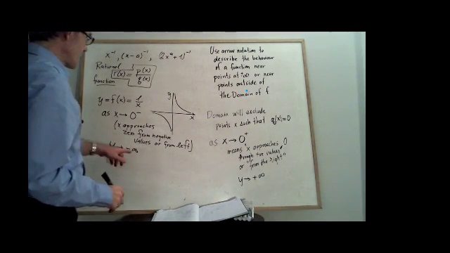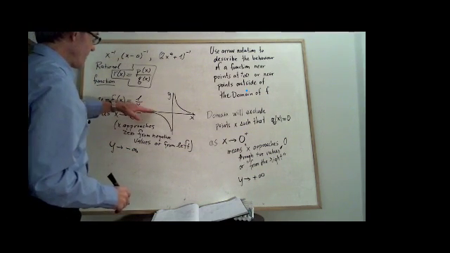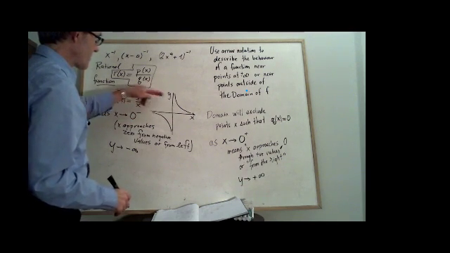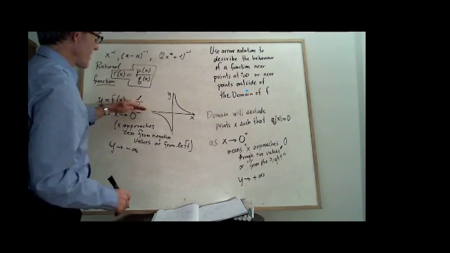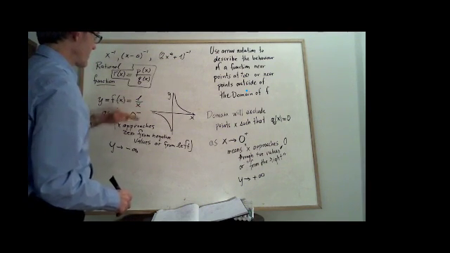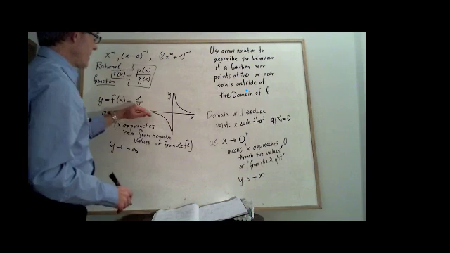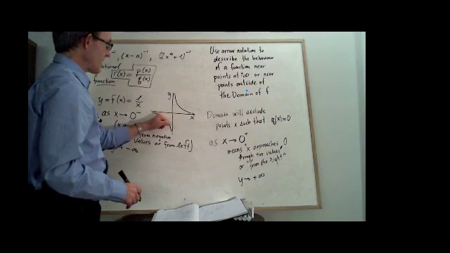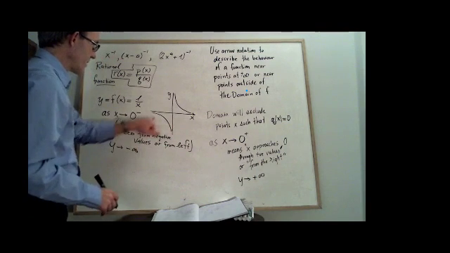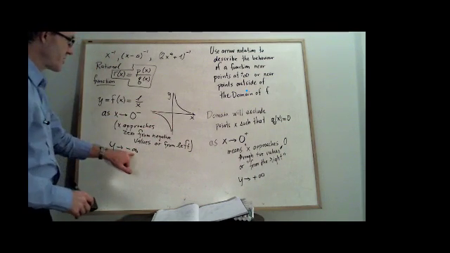Okay, so this is the behavior then. As x comes in from minus infinity, the values of y are very small, close to 0. In fact, they're going to be negative always. Then they'll stay negative and get bigger in magnitude, and finally y will become infinitely negative.